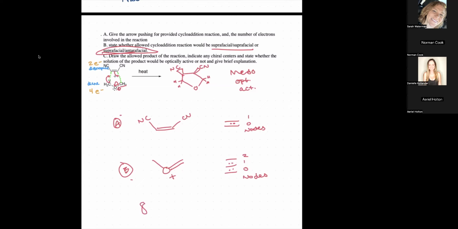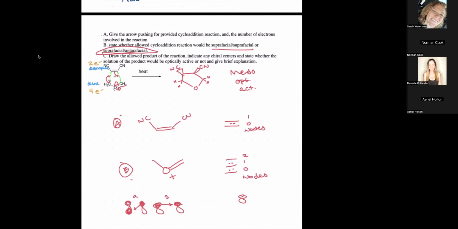Because remember, when we think about these in terms of this, if it's coming in, right, this would be an example of suprafacial, and this would be an example of antarafacial, right? So depending on where your bonding versus anti-bonding is on your diene and your dienophile is what determines, because what ends up happening if you have an antarafacial, yeah, you'll have your system, right? Say you have your system here, and then you'll have your system.